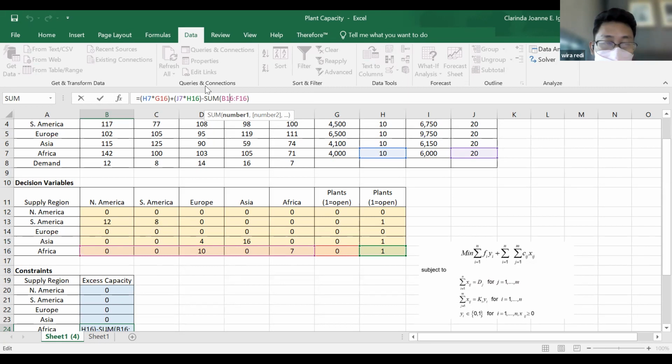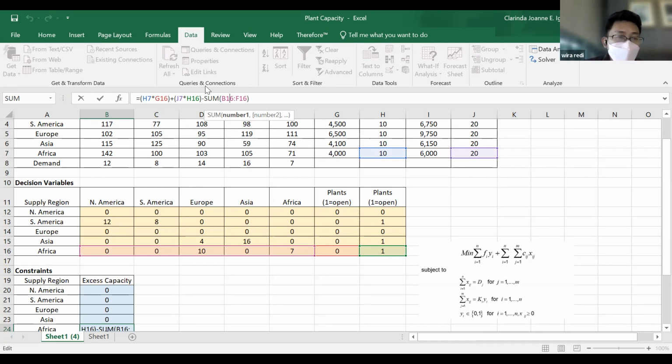If you put equal there, then you need some dummy data to absorb. So that one should be less than or equal to K multiplied by yi. It means that if you want to use this particular facility, the capacity of that facility should be larger than or equal to the demand on that particular facility.